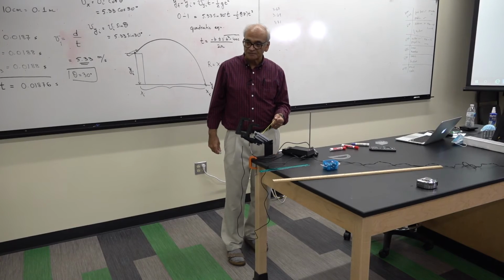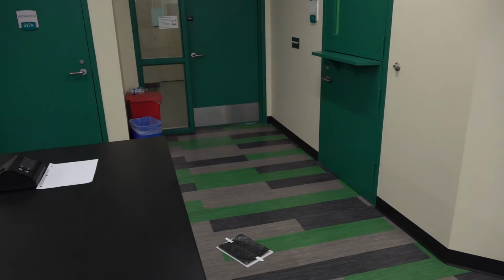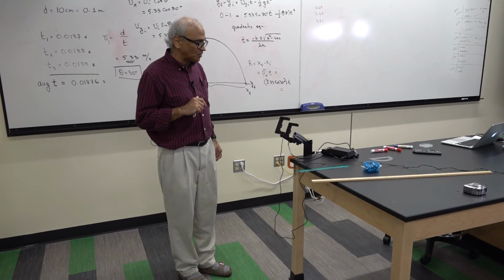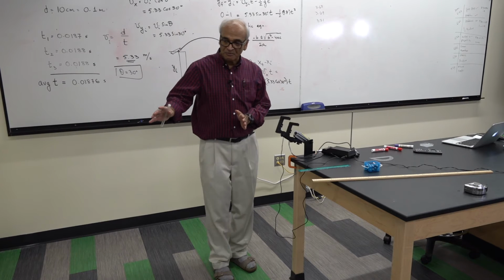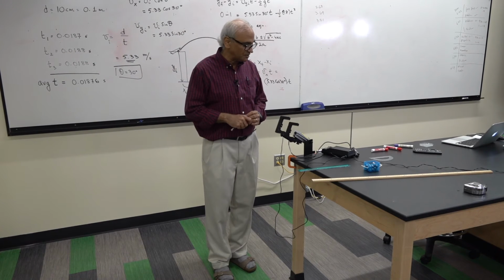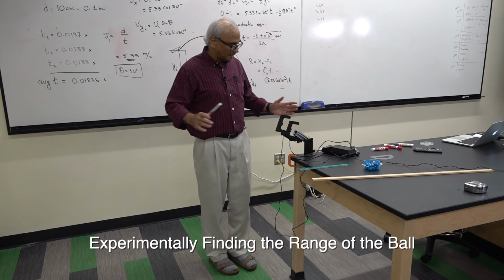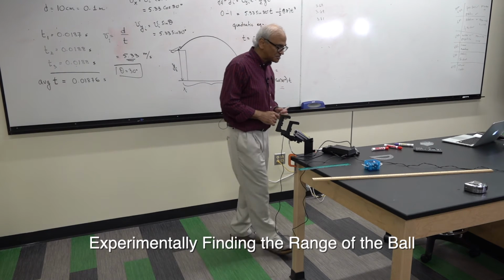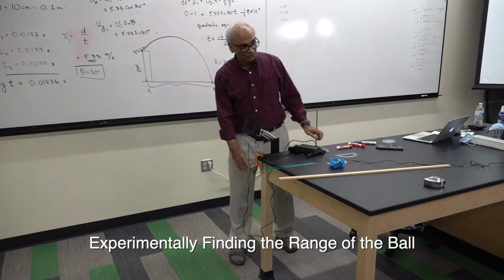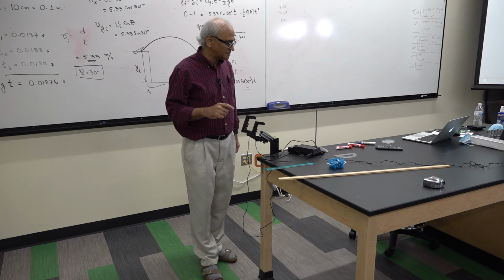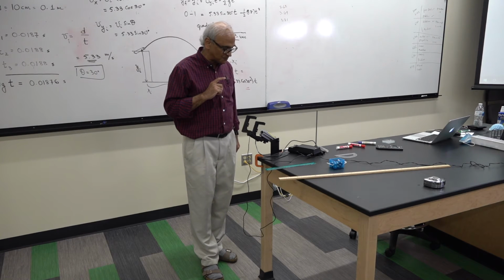So let me do this. All right. So you got my three firings. And then what I want to do now is measure the distance over here. So what we're going to do is get a tape measure, and then we're going to go from here all the way to the end. And Hawaida is going to help us with that.